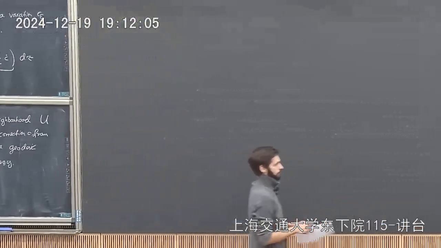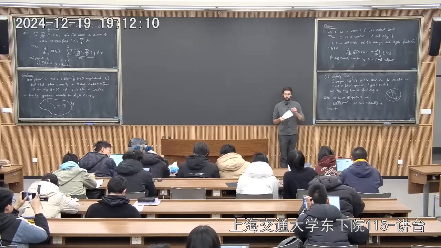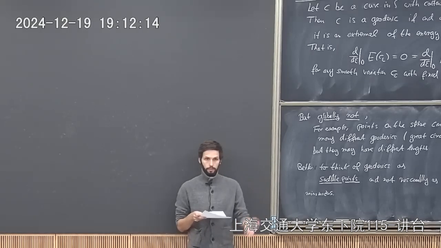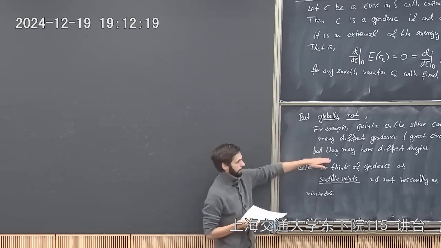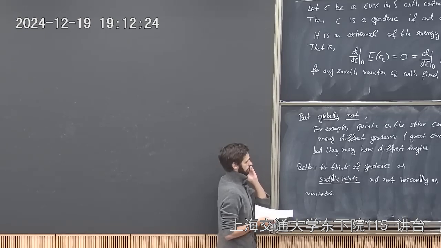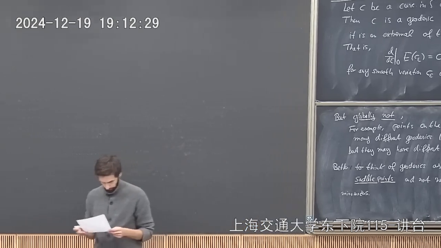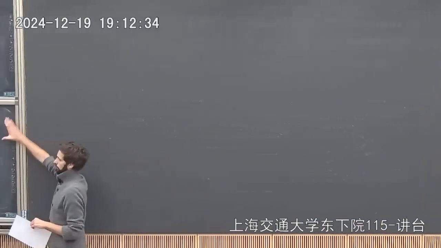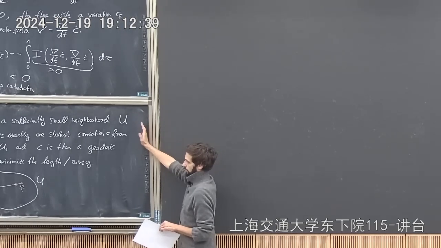And from your geometry or calculus course, you know that if you take the variation of the function and set it to 0, what you get are saddle points, not necessarily maxima or minima, but in general you might get saddle points. And this example of the sphere shows you that there really might be different geodesics with different lengths between two points. But this property here, that's usually what people mean when they say geodesics are minimizing the length.